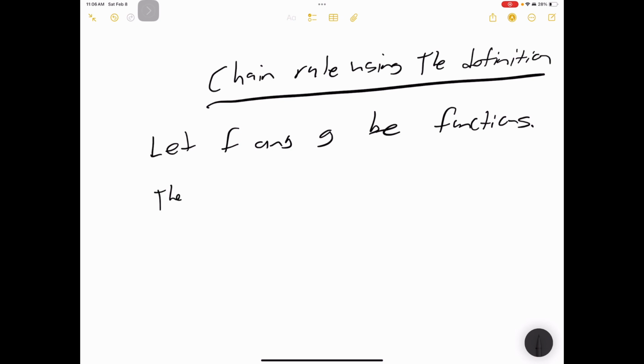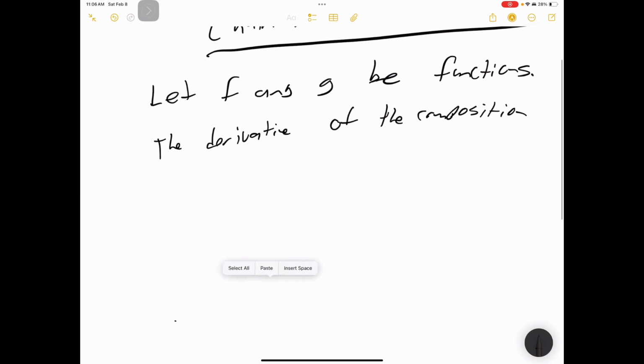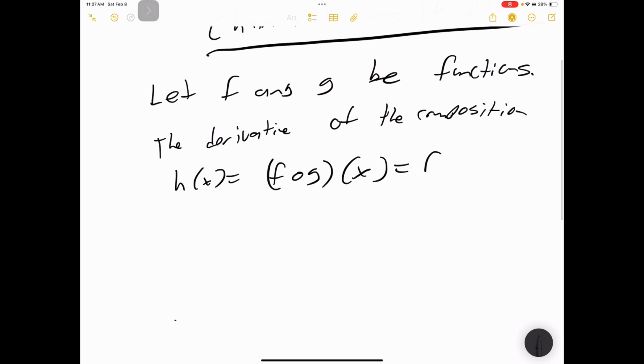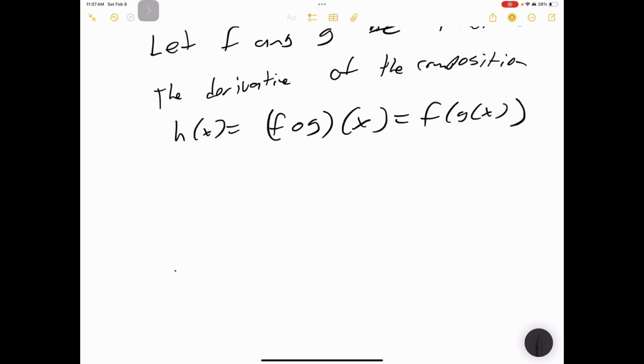The derivative of the composition h of x is equal to f composed g of x, or f of g of x, is going to be h prime of x is equal to f prime of g of x times g prime of x.